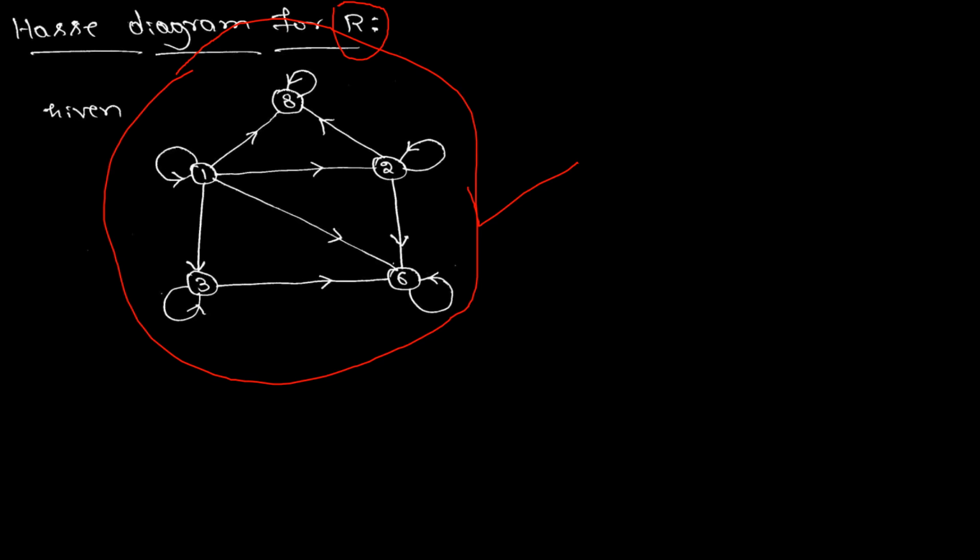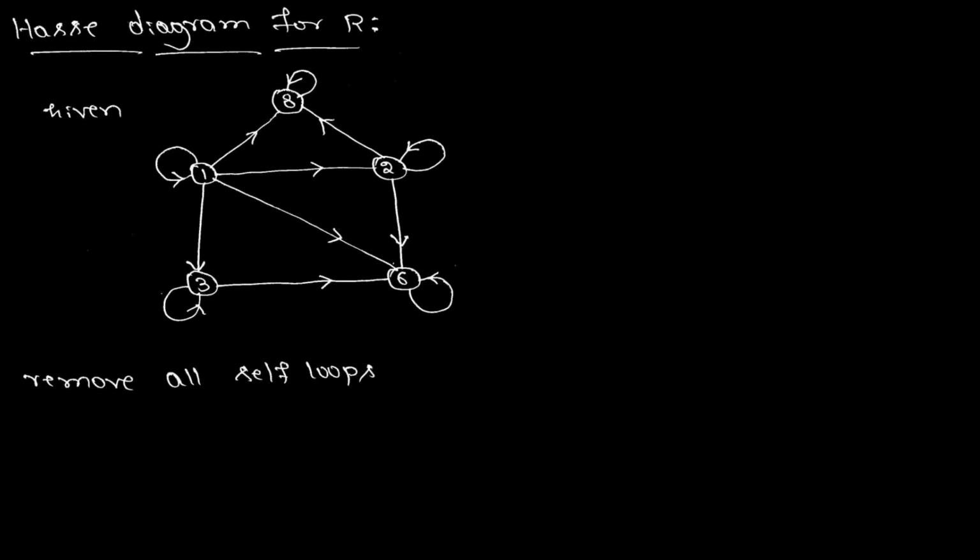Let us follow the steps now. First step is remove all self loops. That means we need to remove this loop, this, and this. Let us remove all these self loops and rewrite the digraph.